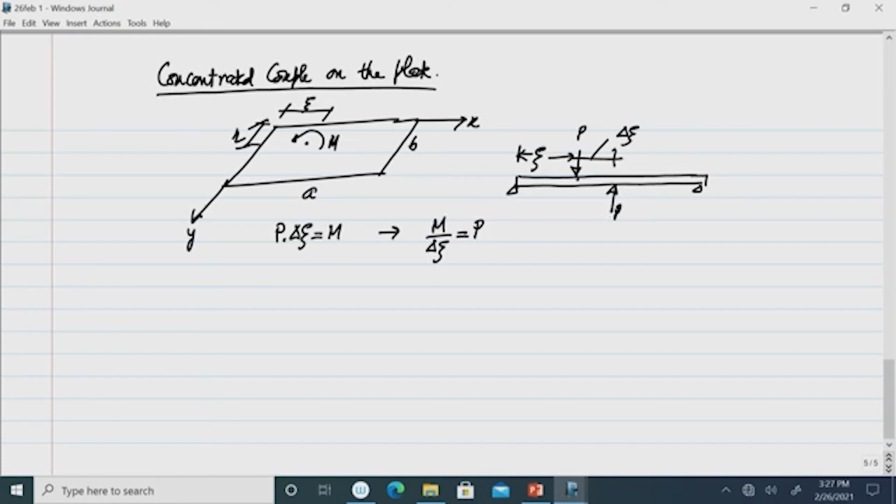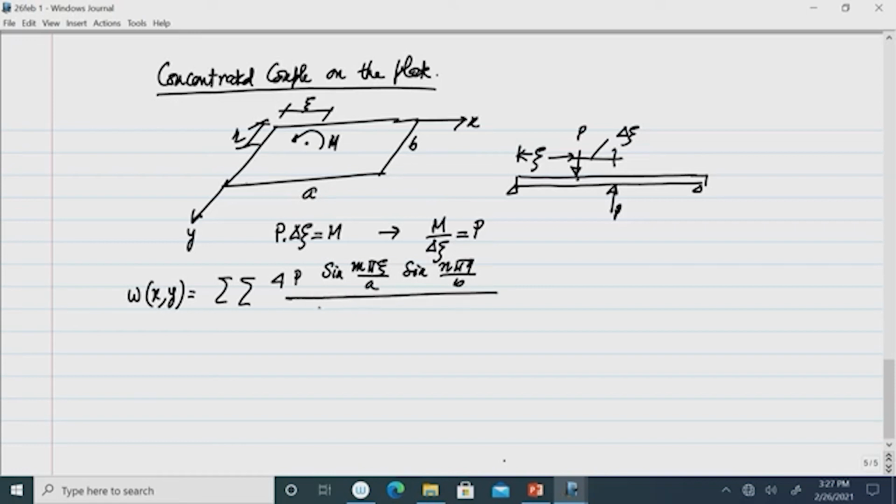Now, we know for the concentrated load P, the expression for deflection is given by the earlier expression: 4P sin(m pi xi by a) sin(n pi eta by b), divided by D a b pi to the power 4 into (m square by a square plus n square by b square) whole square, then a function of x and y, which is nothing but sin(m pi x by a) sin(n pi y by b).